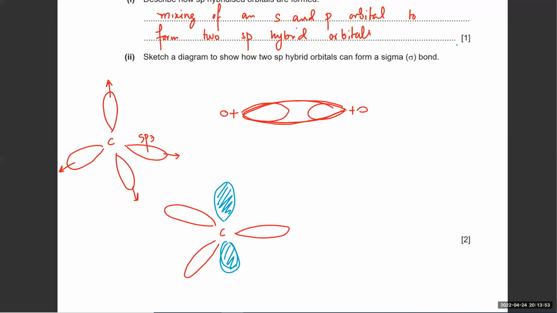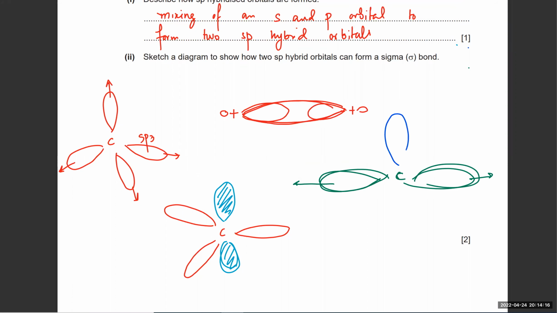And in sp hybridization, carbon is only bonded to 2 atoms. So 2 of its orbitals get pulled in 2 different directions by 2 different atoms. One is getting pulled in one direction, the other in the other direction. So carbon is left with 2 electrons in its p orbitals.